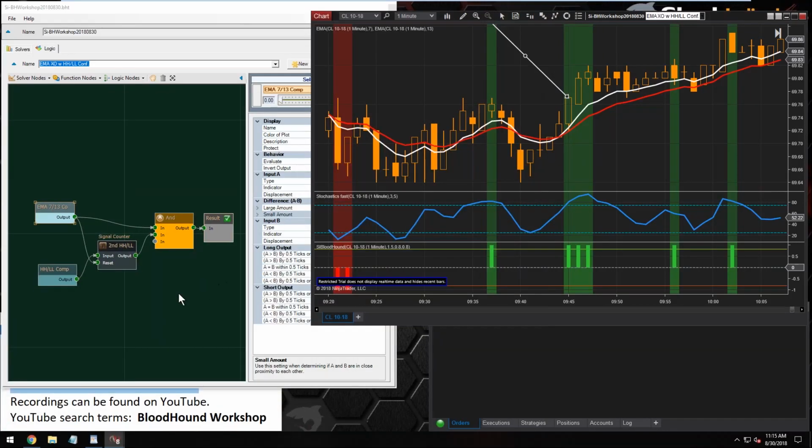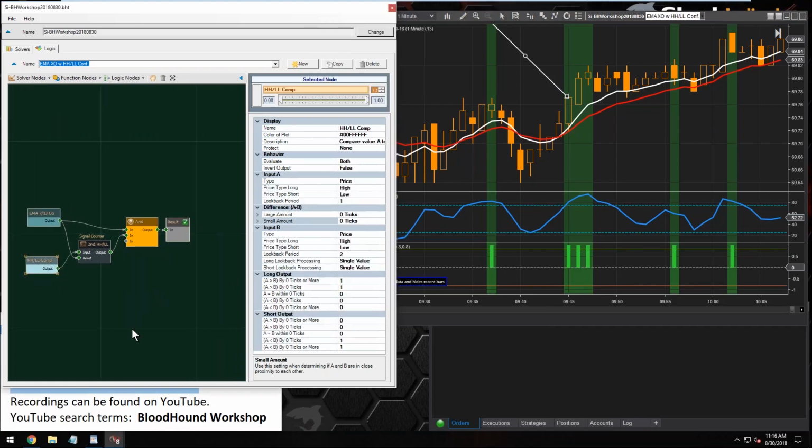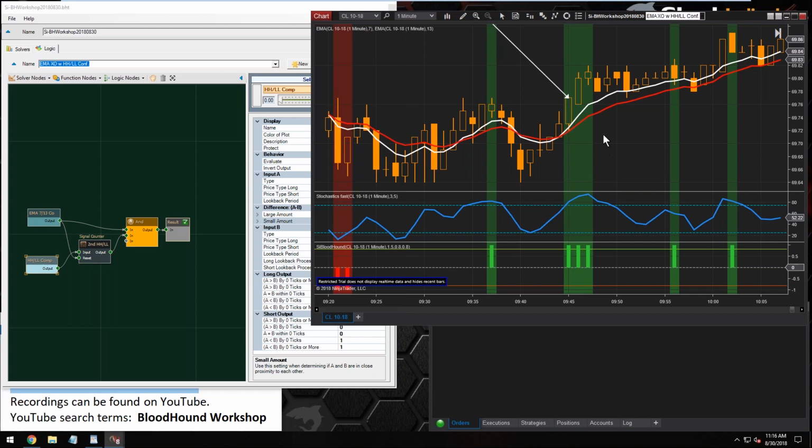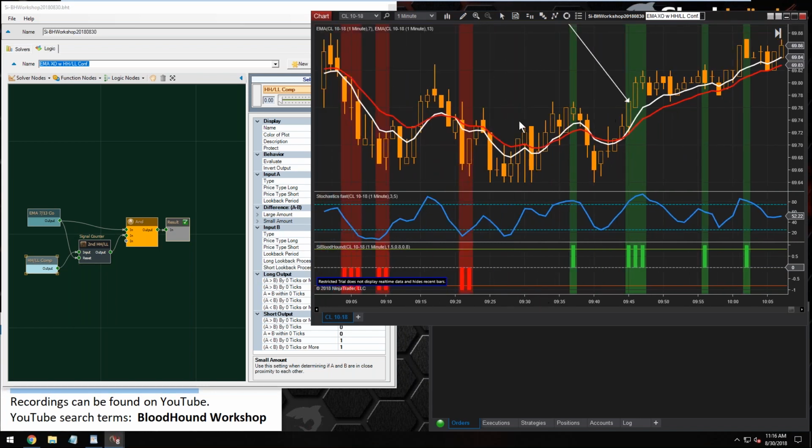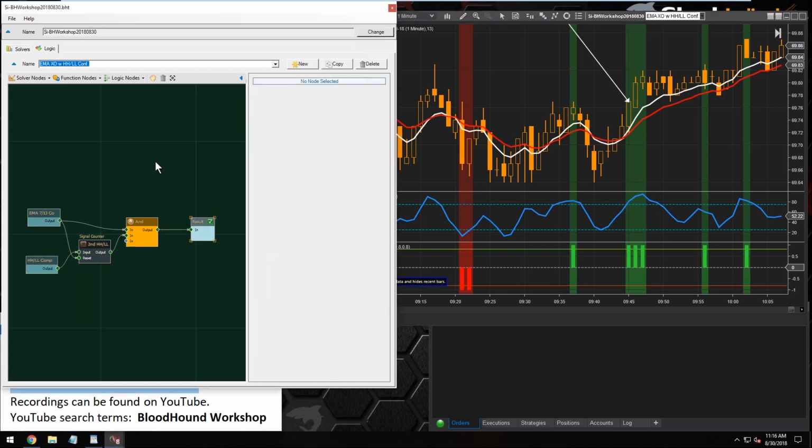Oh, and also, what's also wanted, which was not a part of the screenshot, is that what we've built so far is basically a trend direction confirmation.